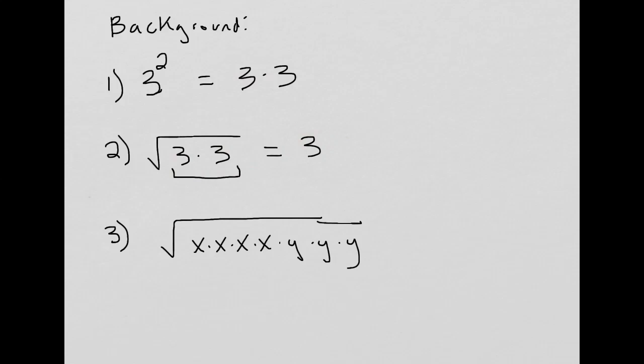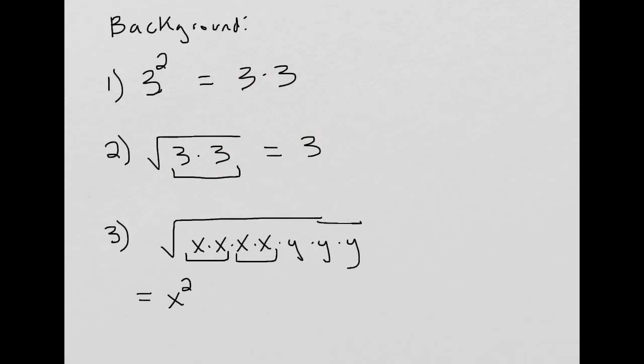So if we look at the example we have, let's start with the x's. So notice I've got 1 group of 2 x's, 2 groups of 2 x's. What that means when I'm simplifying the square root is that I can pull out 2 factors of x. So I can pull out an x squared.